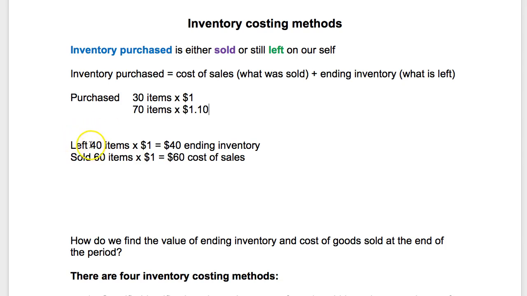So I have 40 items left, but what number do I put here? Do I put $1 here, or do I put $1.10?